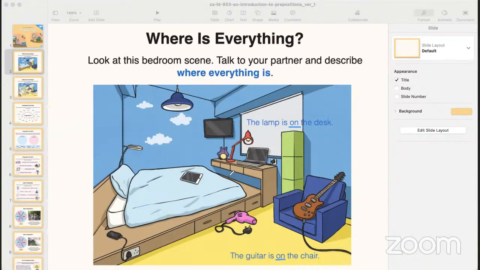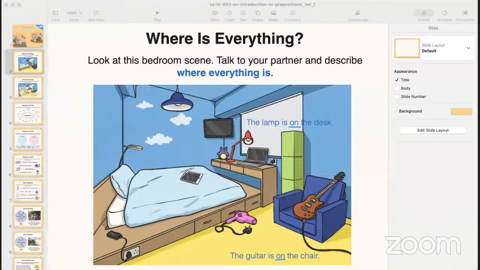Whereas on is only used when anything is on top of, for example, here the guitar is on the chair, the lamp is on the desk, the laptop is on the desk, there is a tablet on the bed. So you won't say the tablet is in the bed. If you say the tablet is in the bed, that means you're saying it's inside the bed.